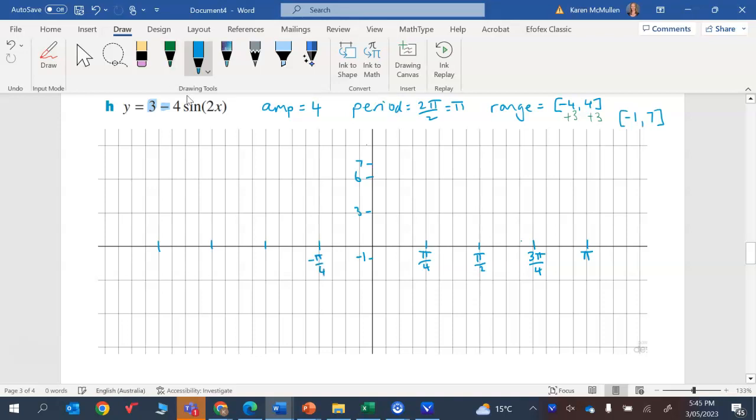We'll just do them quickly, because once you've done the right-hand side, you can pretty much just do the left-hand side as well. Let's do our midline, halfway between -1 and 7. We've shifted up 4, so it's just going to be at 4. That's a bit wonky. You would use a ruler, hopefully.